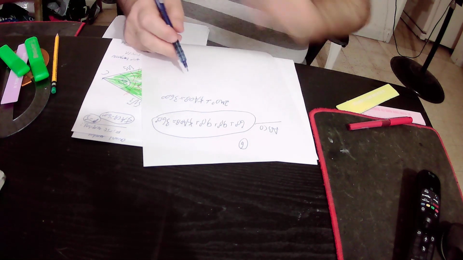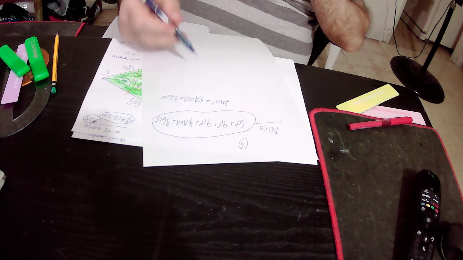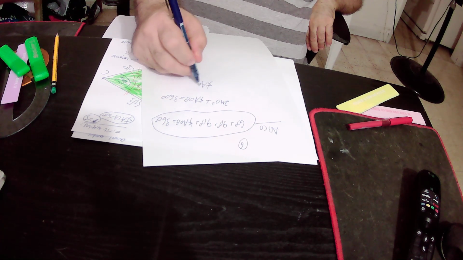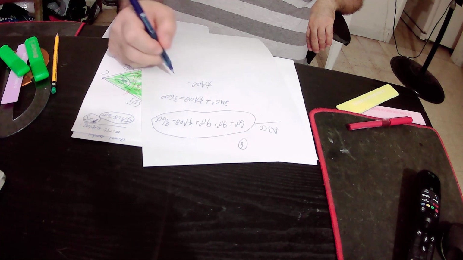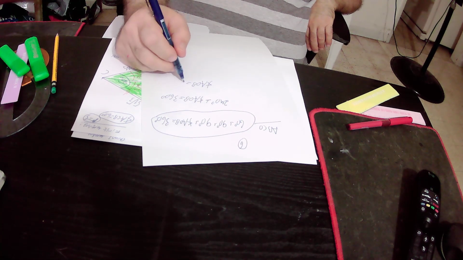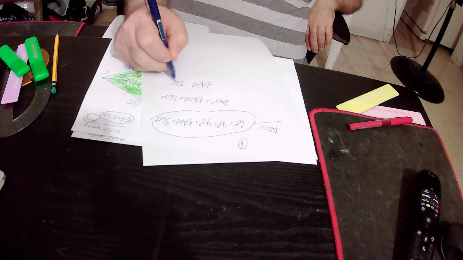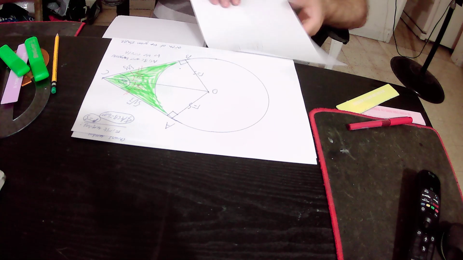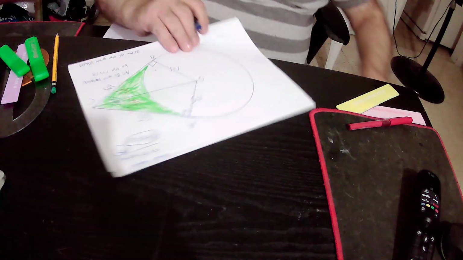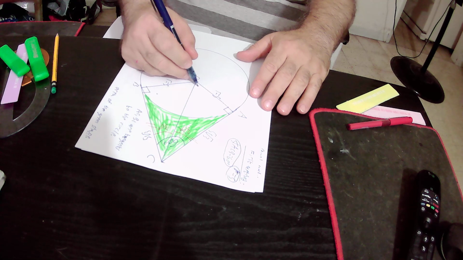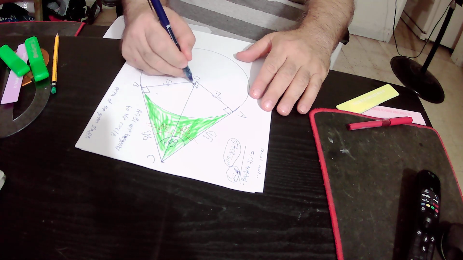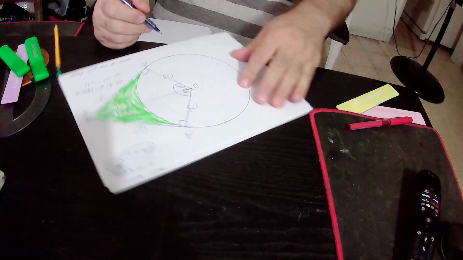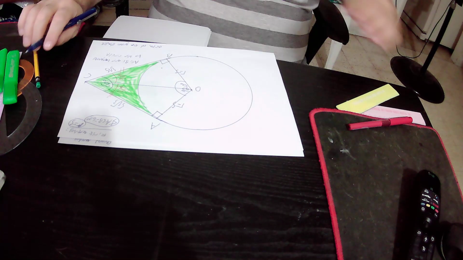Here we will subtract 240 degrees from this equality and we will get that the size of angle AOB is equal to 360 degrees minus 240 degrees, which is 120 degrees. So we found out that the size of this angle AOB equals 120 degrees.